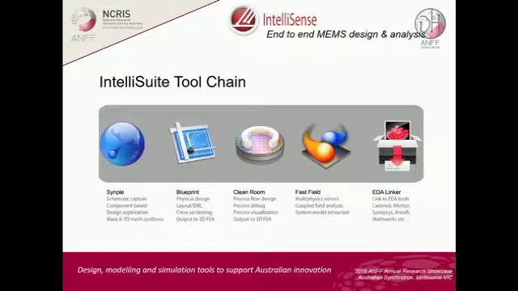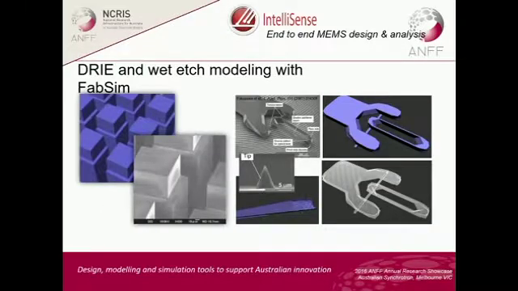So I'll maybe touch on that in the next slide. When we do our etching, we can do wet etching, we can do dry etching, and you can go through different iterations to try and achieve the end result. But we can do some modeling up front, and it saves a lot of time. You can just do it at the desk, and we can show you how to do that.